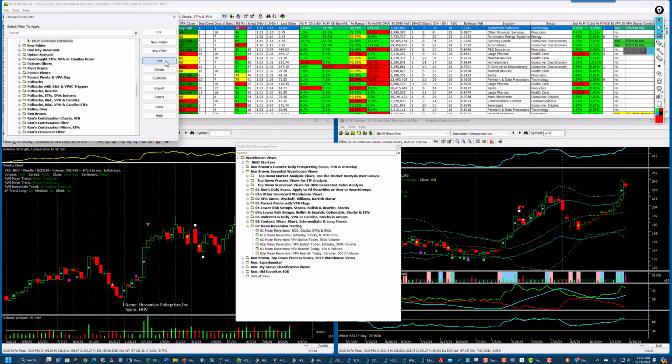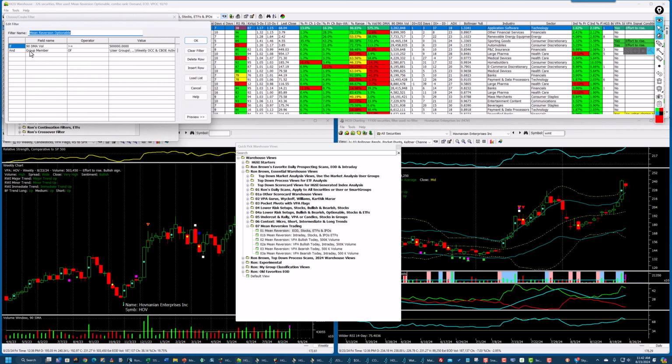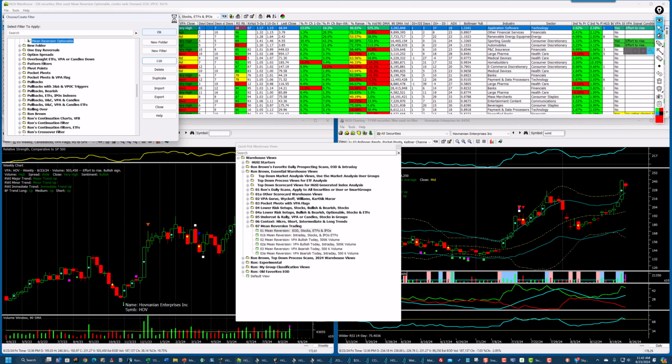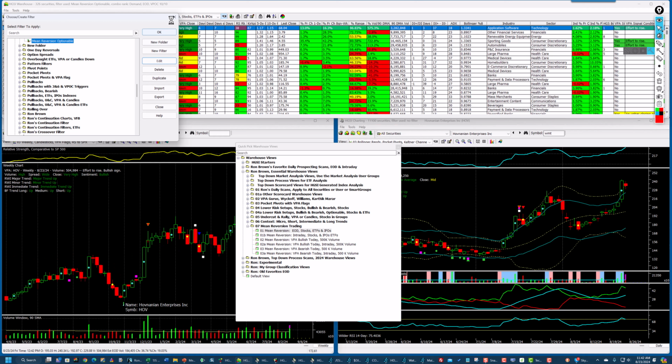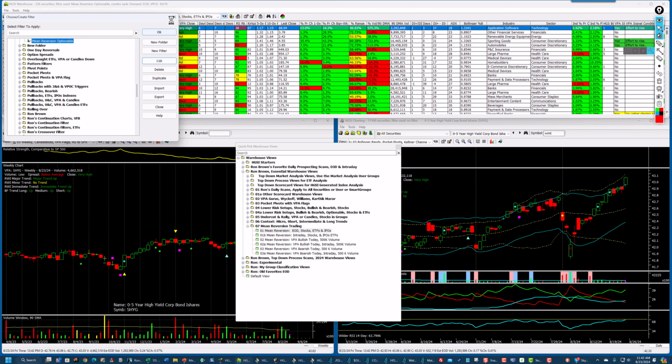If I bring this filter up, it's a very basic filter, and these stocks belong to the weekly OCC and CBOE active securities, which are updated. That list of stocks is updated automatically in HGSI every so often.